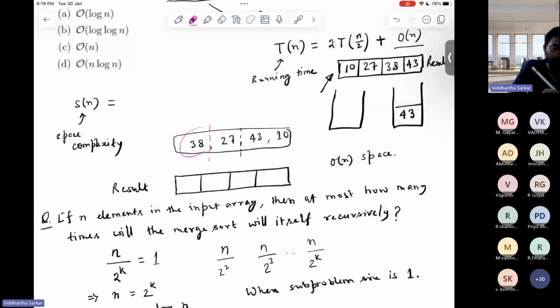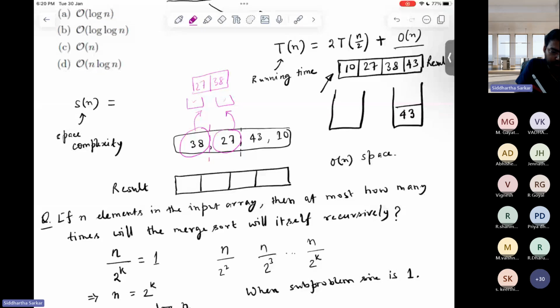Then once we call merge sort on this subproblem, 38 is returned, and then 27 is returned from the other side. And then we have maybe one array of size 1 here, one array of size 1 here, and then we will do the comparison as we have seen. So 38 and 27 will be compared, and then we will obtain this array 27 followed by 38.